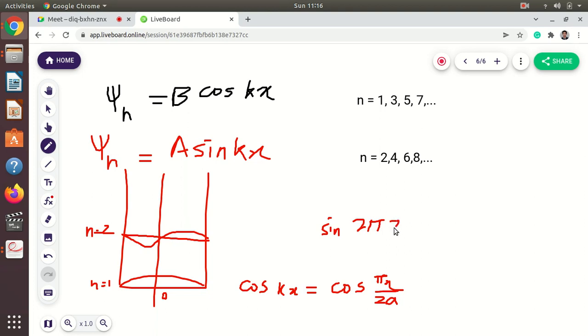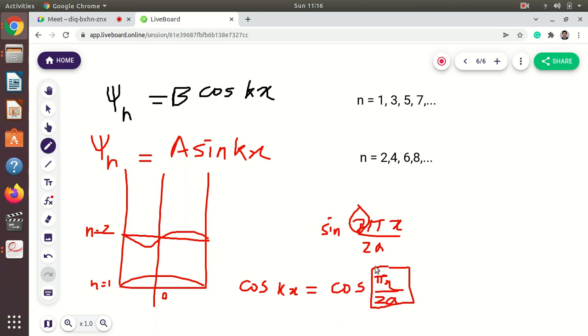You can see the 2 and 2 get cancelled, but I will write this as it is because this is n. So you have to change the n. This part will be constant, it remains as it is in your wave function. What is changing? As n changes, the sine or cosine part changes, and this n also changes.